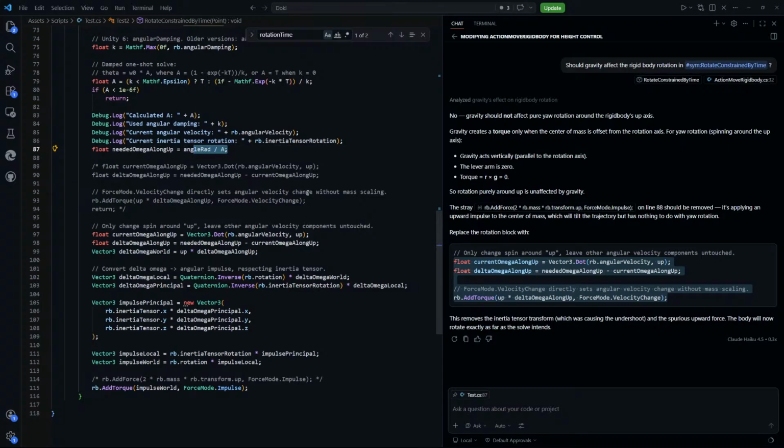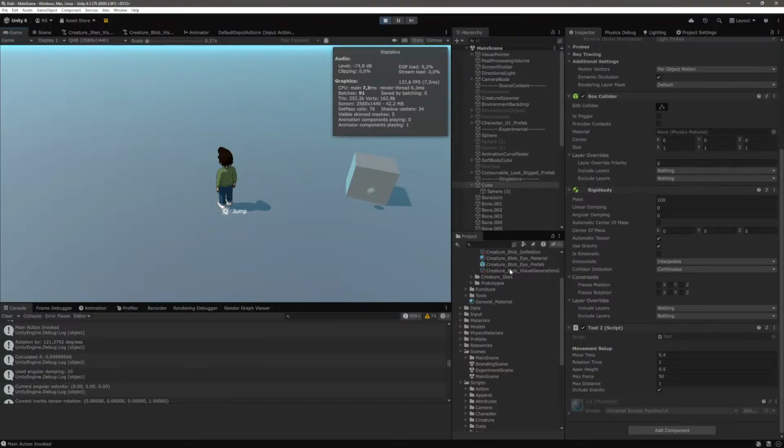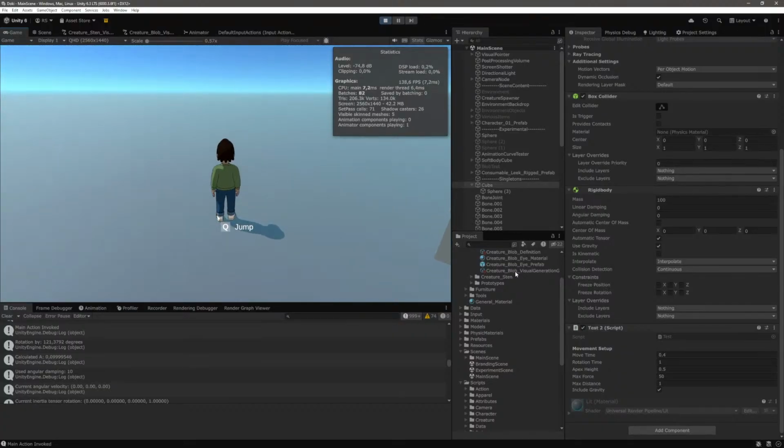Dividing by 1, which gives us... So if we want to rotate, I don't know, 1 radian, that's going to be the force we apply. Does that make sense? I don't know.